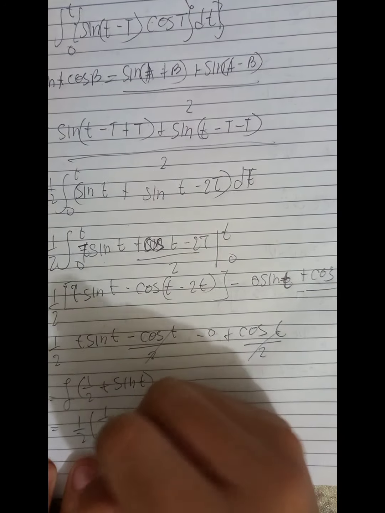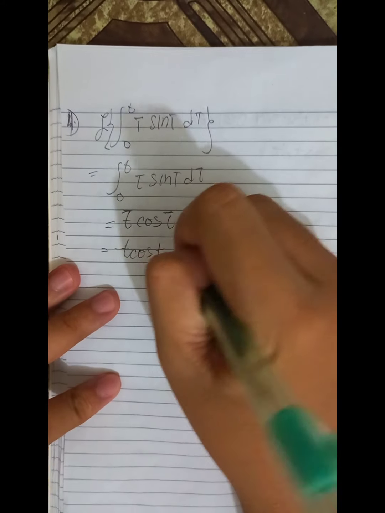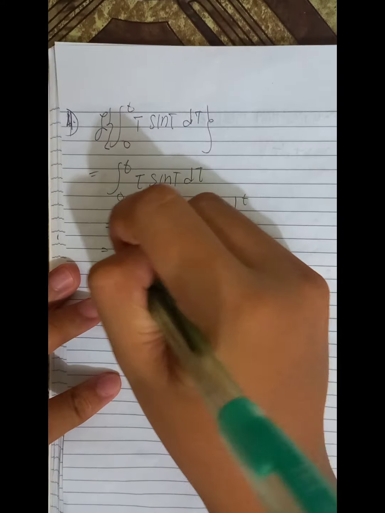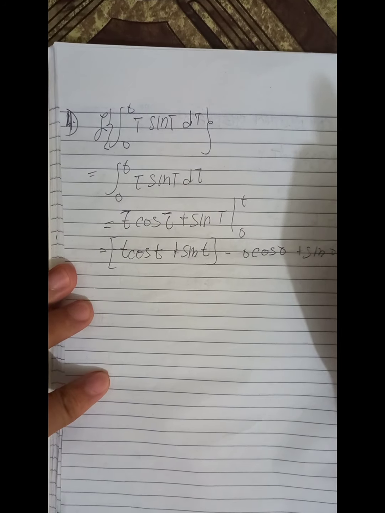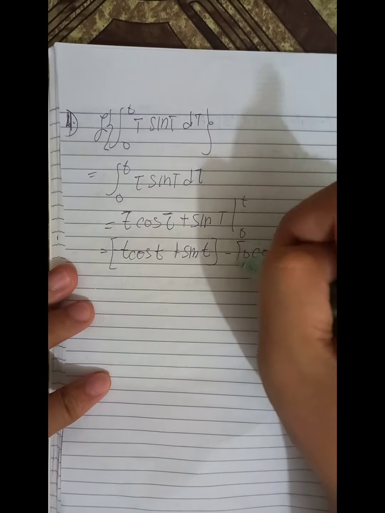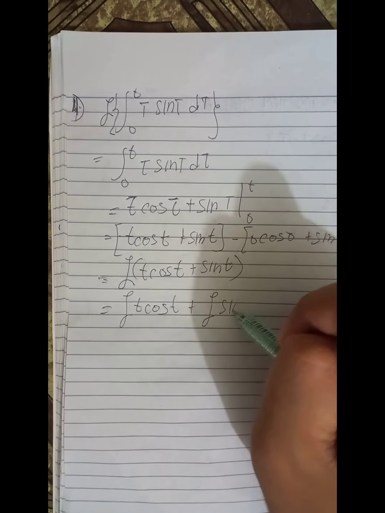So first we have to perform integration, and then distribute the values of t and 0, which is the limit of integration, and then perform the Laplace transform of each given.